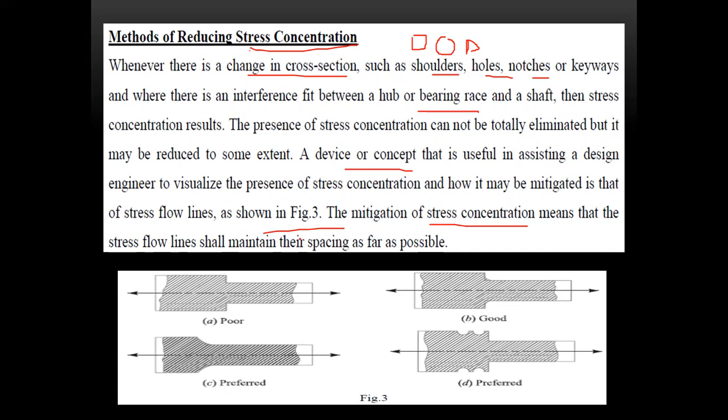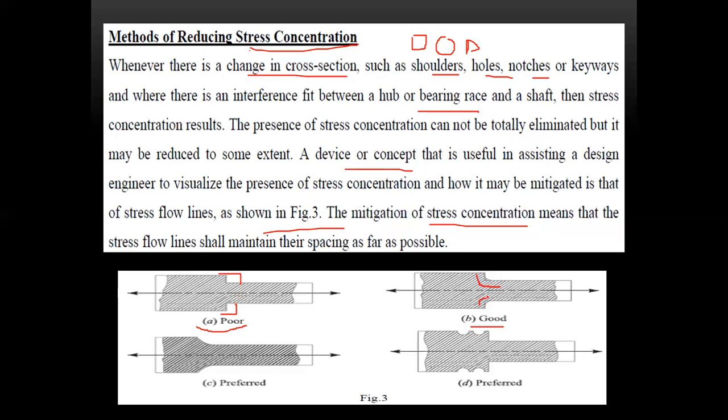So if you see the various methods, here the stress concentration factor is very poor because of the sharp edges. Okay. Next, the second one is good.